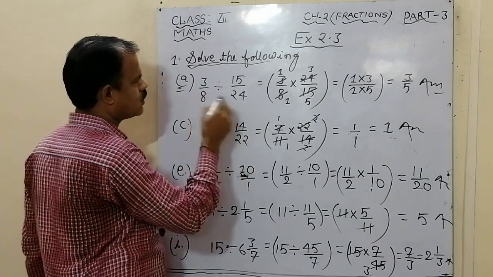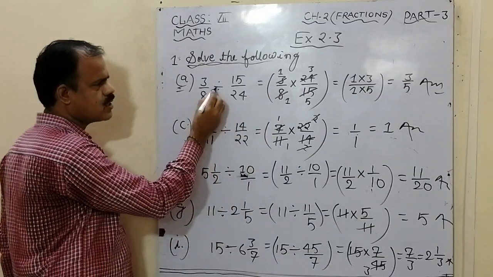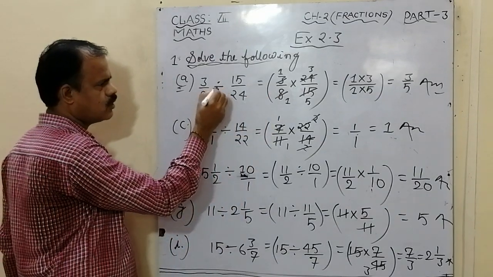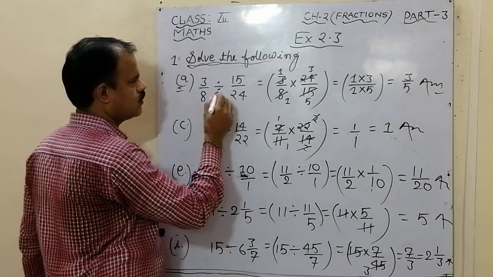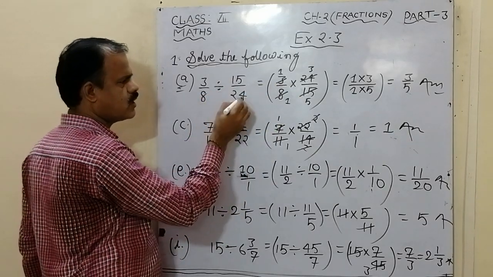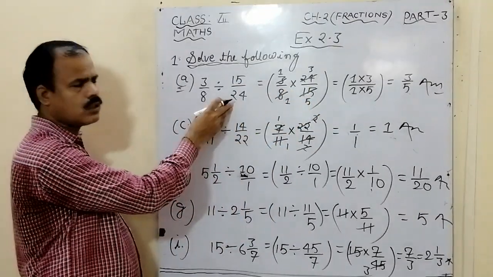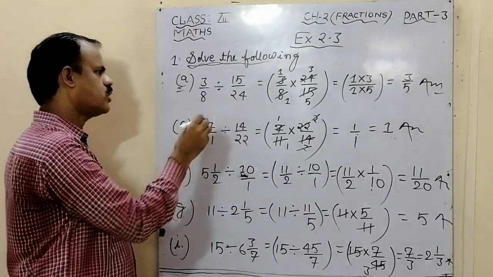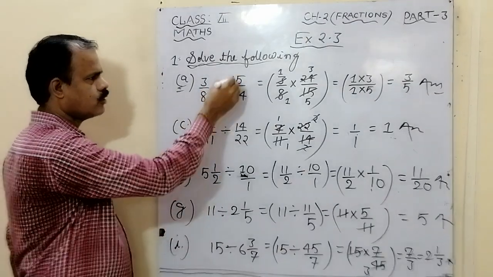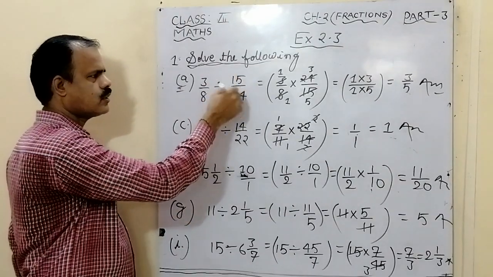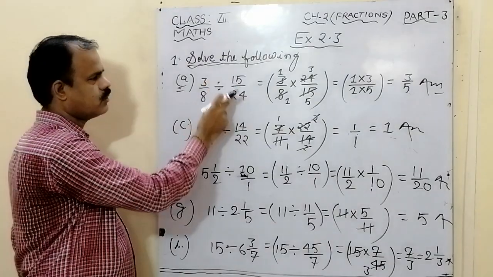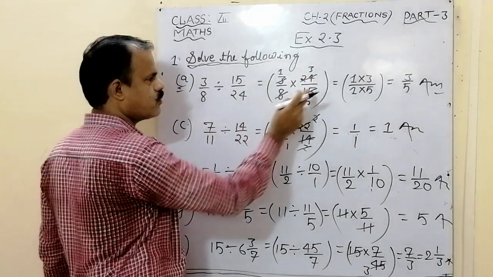So student, look here, 3 upon 8. When we convert this divide into multiply, 15 by 24 becomes 24 by 15. Reciprocal: whenever you change divide into multiply, you have to write the reciprocal. 15 by 24 means 24 by 15.